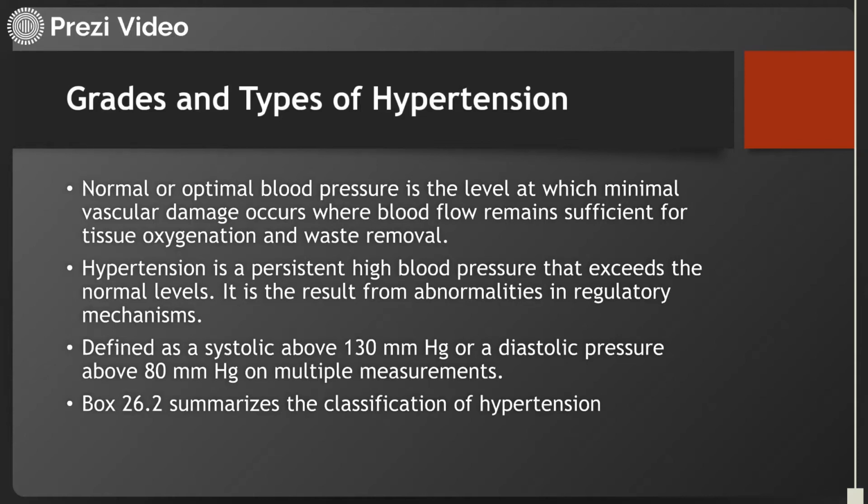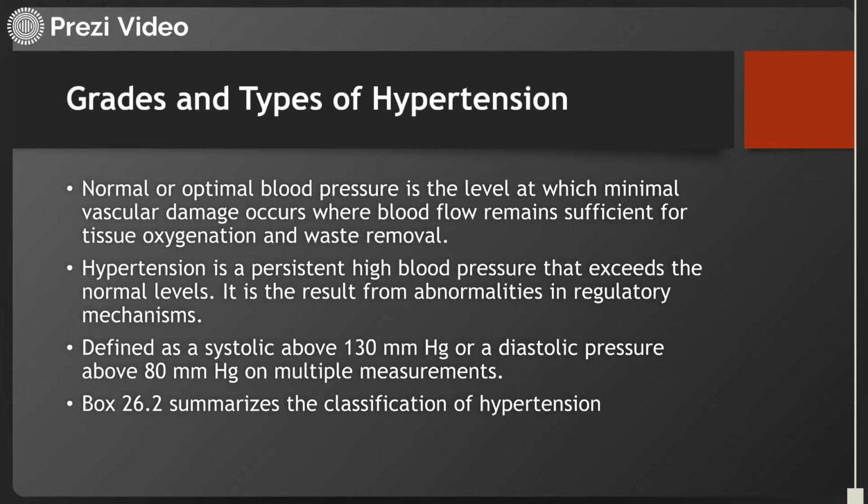For the purpose of this class, and mostly every book that you may read, even the American Heart Association, you'll see that high blood pressure or hypertension is anybody that holds a systolic blood pressure above 130 millimeters of mercury and a diastolic pressure above 80, and that is on multiple measures.